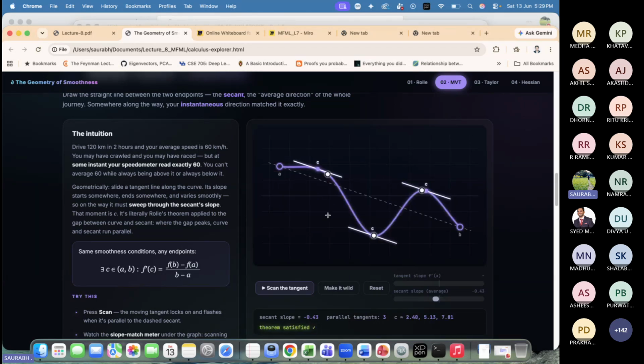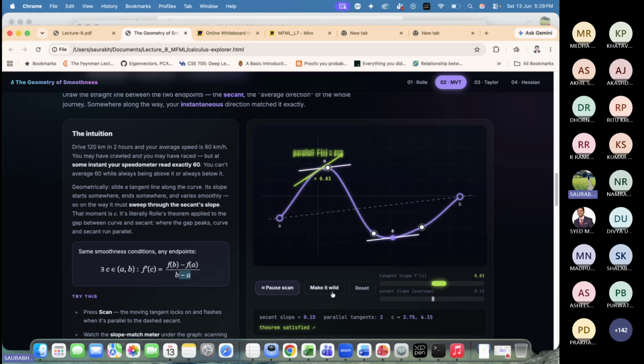Let's say you start from here, you end up here. This dashed line, the secant line that you see, is the average line, right? So f dash c would be equal to f(b) minus f(a) by b minus a. That's what is being shown here.